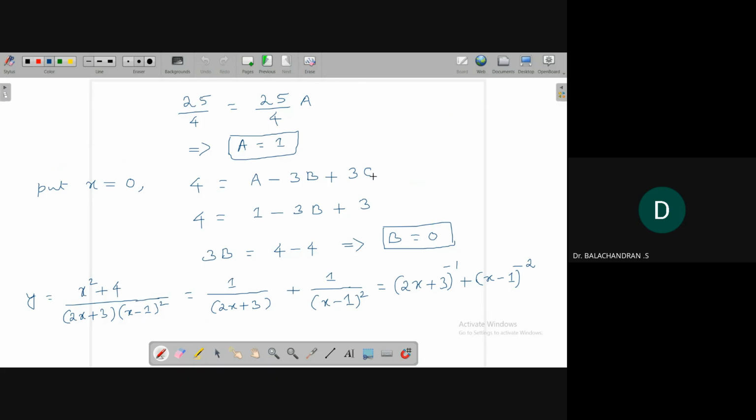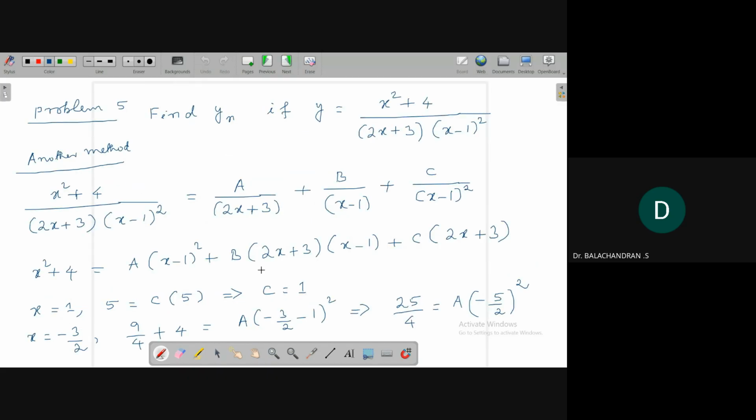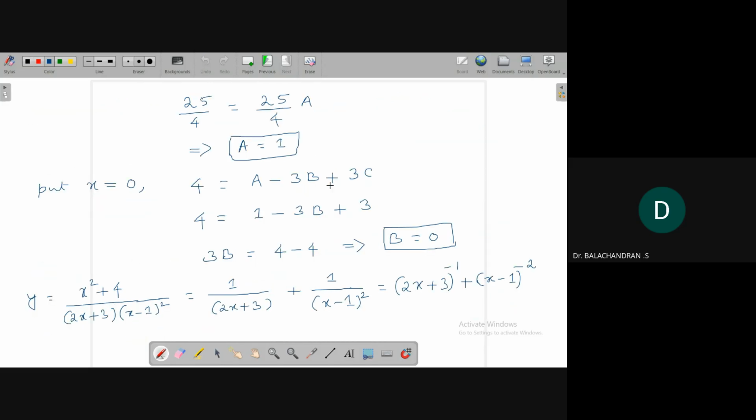C is also 1. Substitute C equal to 1 here. So A is 1, C is 1, so 1 minus 3B plus 3 into 1 is 3. So from this, 3B is equal to 3 plus 1, 4, minus 4. So 3B equal to 0, so B equal to 0.